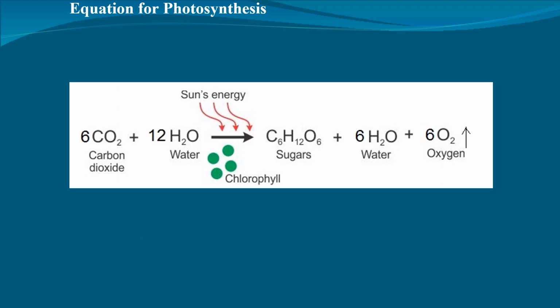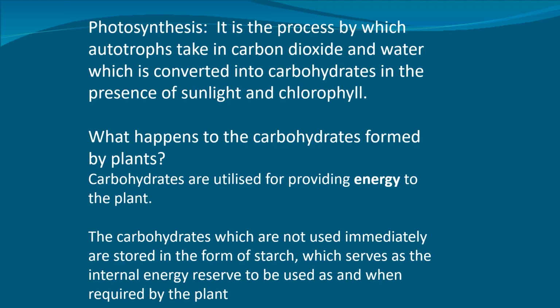Hence, we can now define photosynthesis. Photosynthesis is the process by which autotrophs take in carbon dioxide and water, which is converted into carbohydrates in the presence of sunlight and chlorophyll.